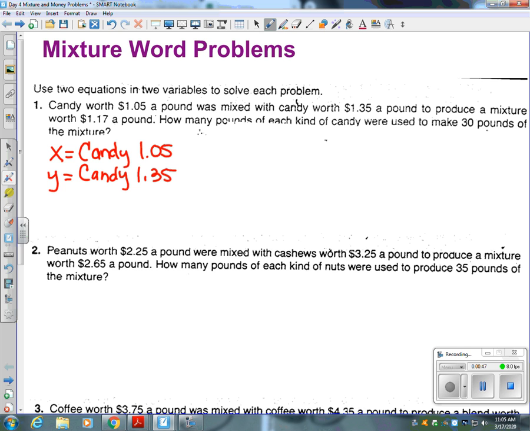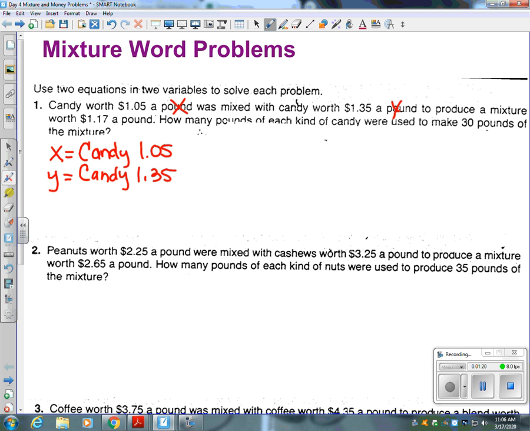Remember back when we talked about each and per as being a rate of change or the slope. $1.05 a pound means each pound, so we can put an X for a pound, and for the candy that's $1.35 a pound, we can put a Y for each pound. So we can represent those different types of candies, which we can't differentiate any other way.